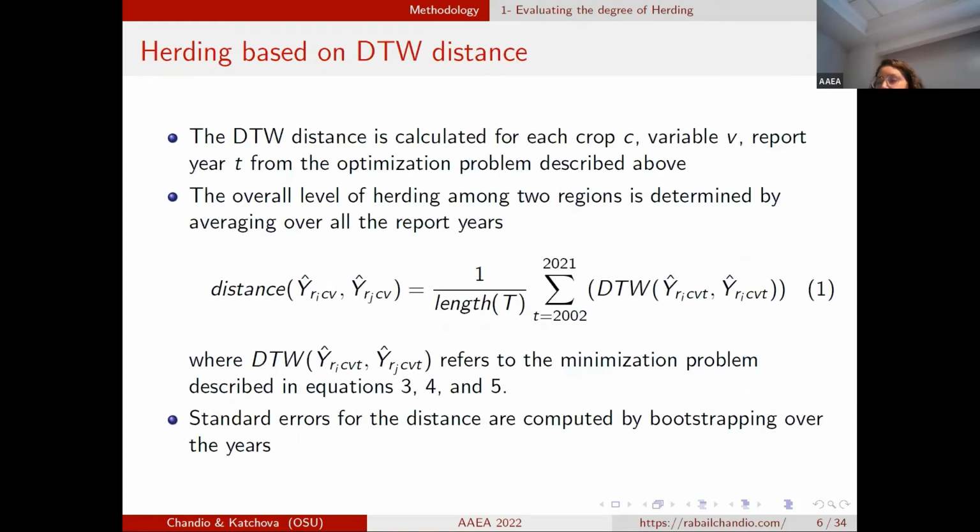I've skipped the entire algorithm method, but the final line here is that we have a distance between two series that is averaged across the entire report year time span, and the standard errors for that single number of distance are computed by using the different distances we have each year.